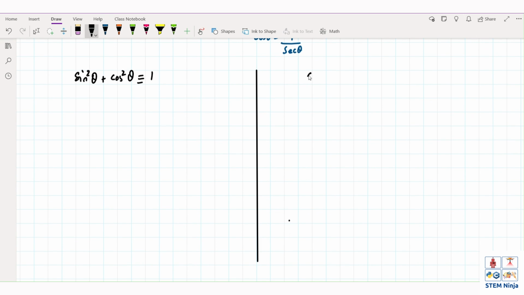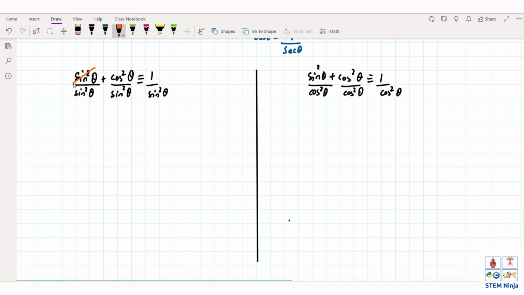If I have these same things, sine squared theta plus cos squared theta identical to 1, and I divide the entire expression by sine squared theta, that means each term is divided by sine squared theta. And the same equation divided by cos squared theta, each term.